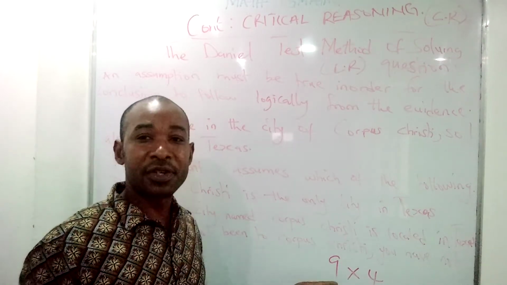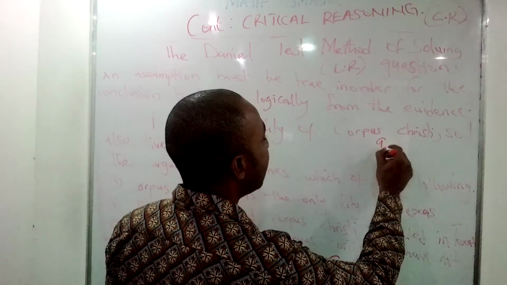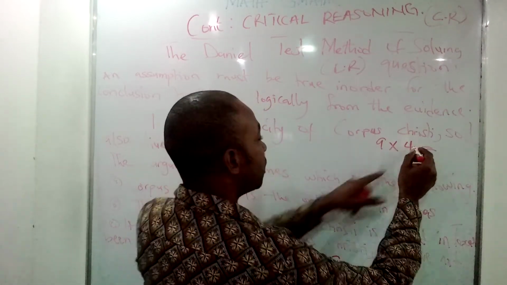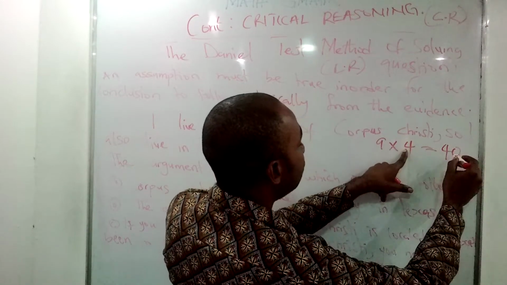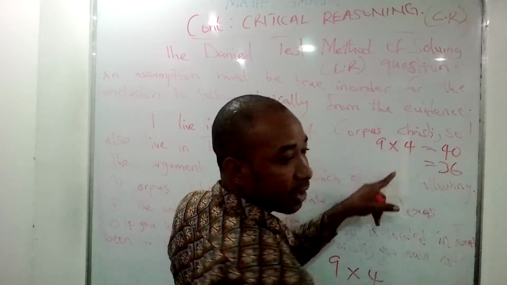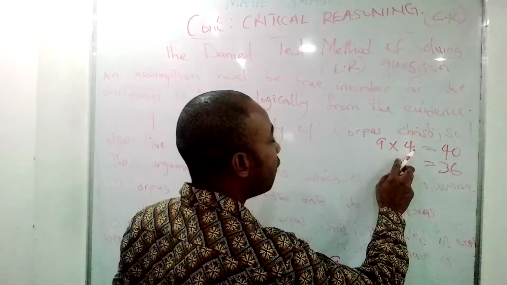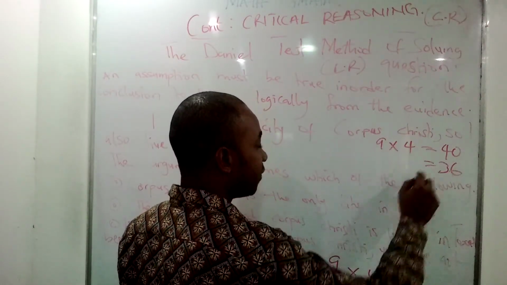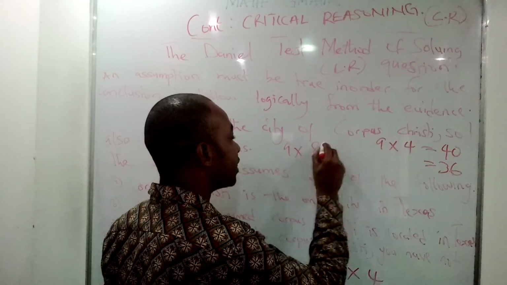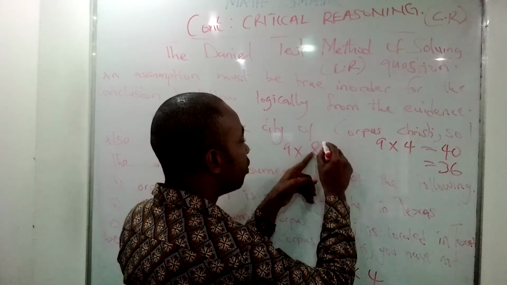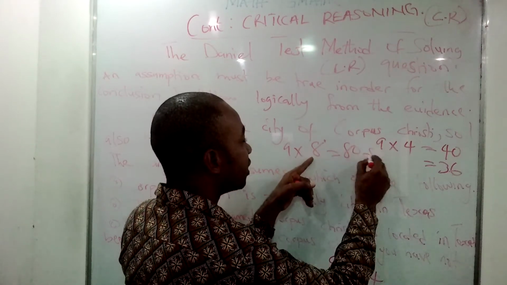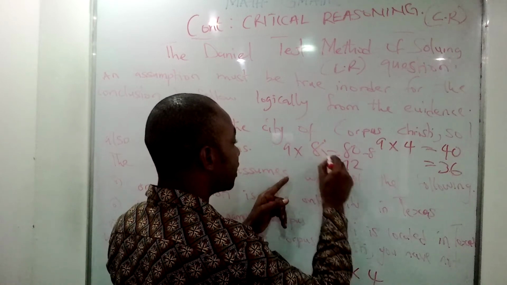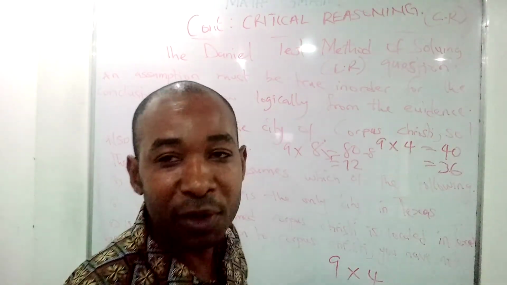But let me give you a very simple way of solving it. 9 times 4: I take 40, then I minus 4. It gives me 36. So 9 times 4 is 36. Let's take 9 times 8. I take 80, then I minus 8, so it gives me 72. So 9 times 8 is 72. This is a bonus for you today.